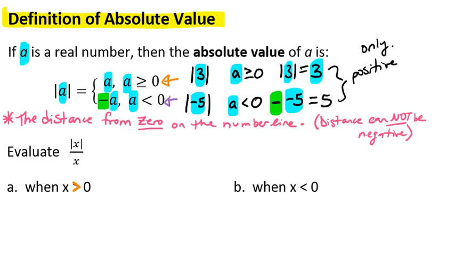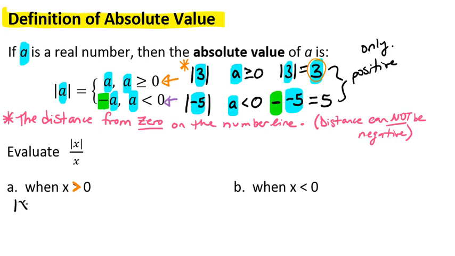Now because our x is greater than 0, it's going to act like our example, the absolute value of 3. In that case, we were able to just take that and make that the 3. So we're going to write that down, the problem, because we want to make sure that we're showing our work.